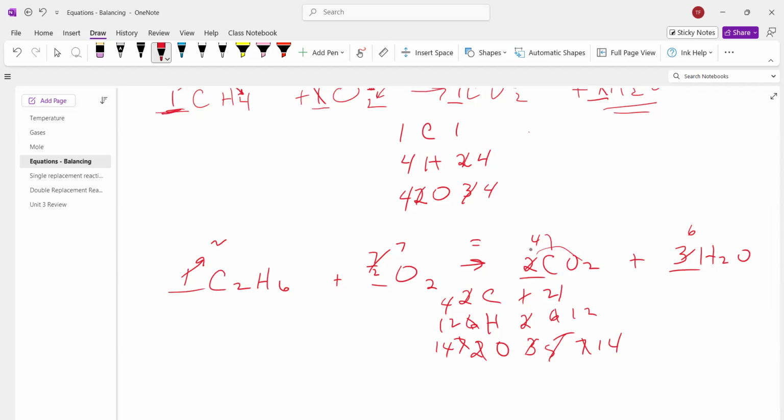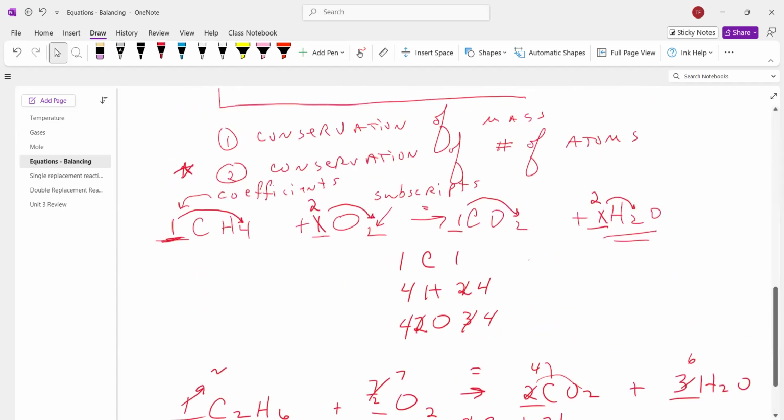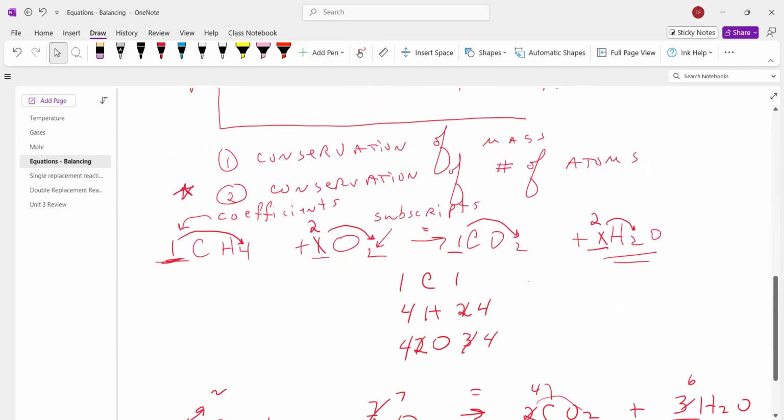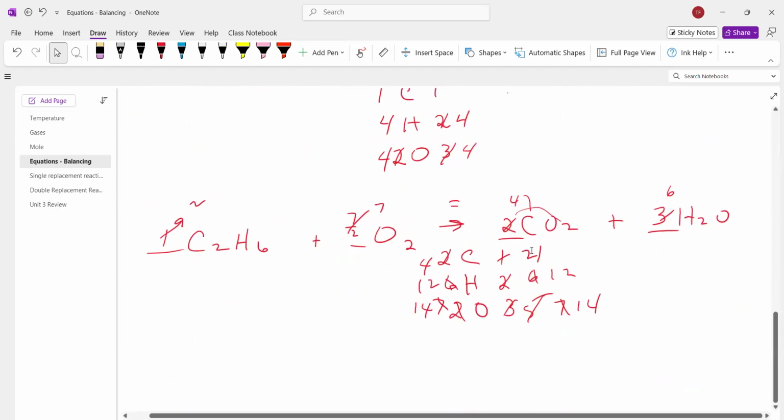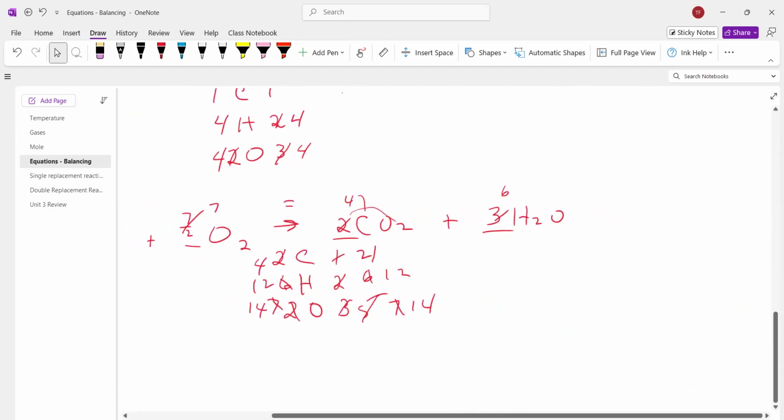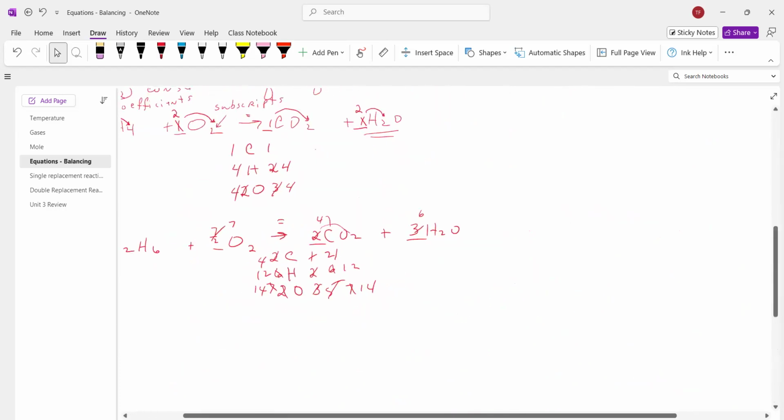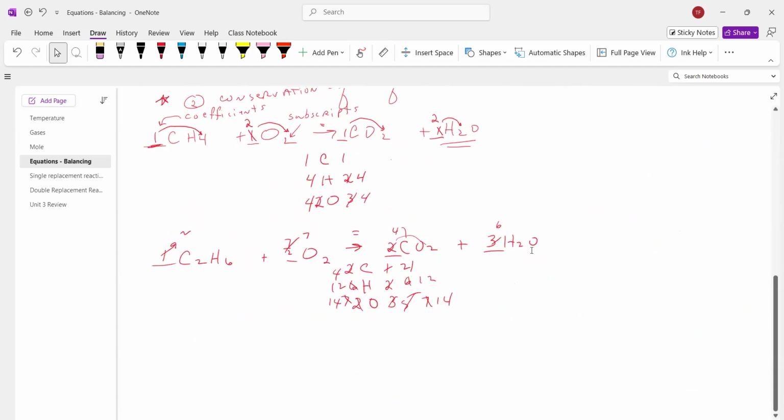Now, the reason why we can't leave it as a fraction is because, well, actually, let me back up. Under conservation of number of atoms, we can't have part of an atom or molecule, and a fraction is a part. So whenever we balance an equation, a chemical reaction, we're saying 2 things.